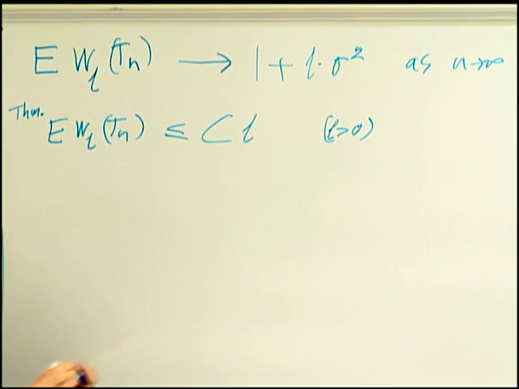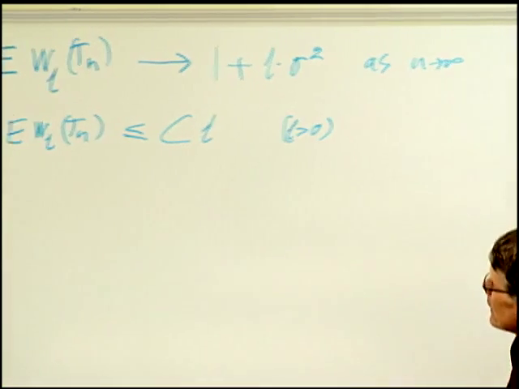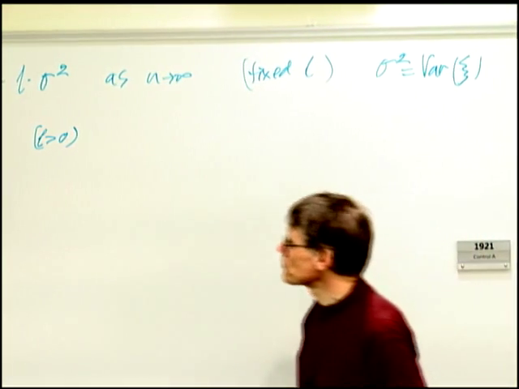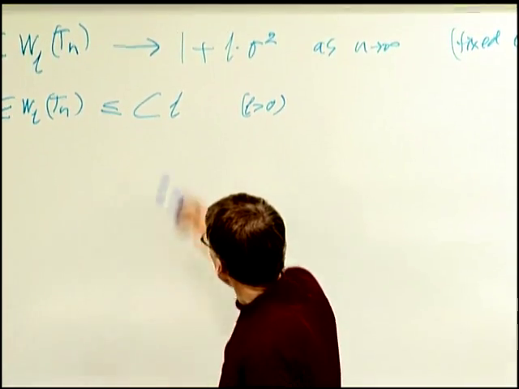And this constant c, as all other constants I'll mention, will depend on the distribution of xi, but not on n or L or whatever else integers I'm talking about. Okay, so this is good for small fixed L.